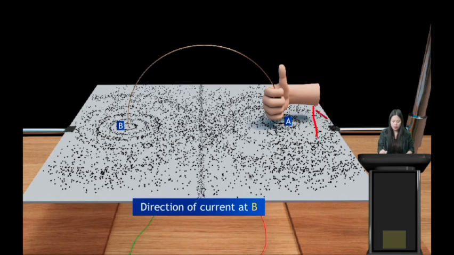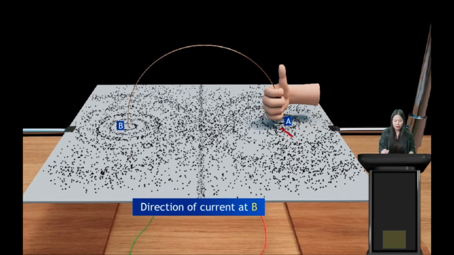So here the direction of current is upward, so the direction of magnetic field line is anti-clockwise. It will be in this direction. So when the direction of current is upward, the direction of magnetic field line is anti-clockwise.